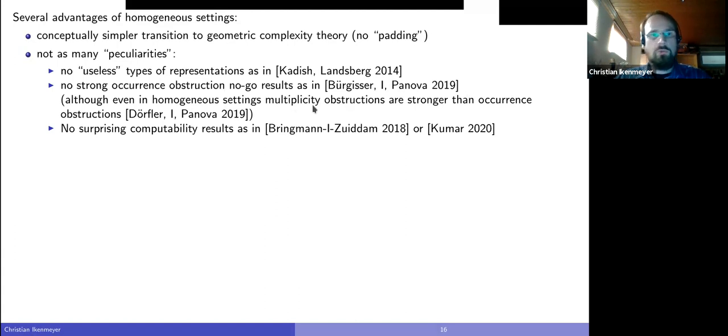Although we do know that the multiplicity obstructions are stronger than occurrence obstructions, also even in this setting, but nothing as strong as this paper about no occurrence obstructions. And there are also no surprising computability results. So these two papers here give very surprising results about what can be computed, and it's very important that we are in an affine setting in these papers.